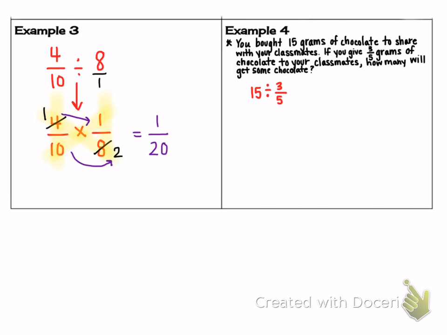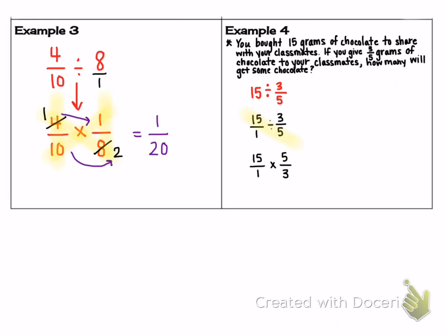We're going to start by putting it in A over B form. So it's going to become 15/1 divided by 3/5. And then we're going to change it to a multiplication problem. 15/1 times 5/3. Do not be tempted to simplify up in the division part of the problem.